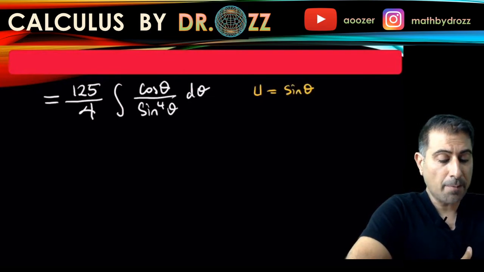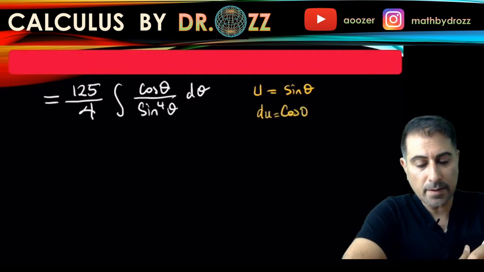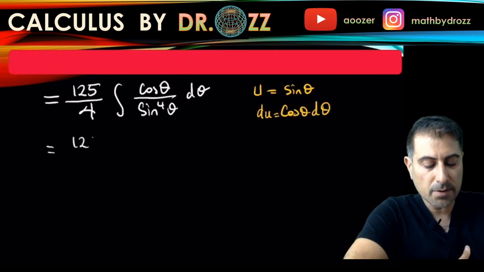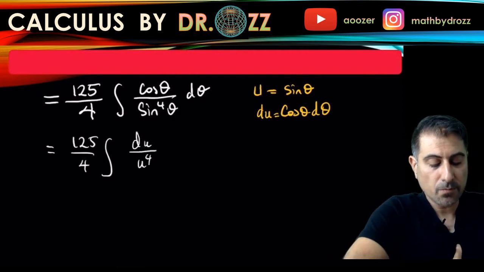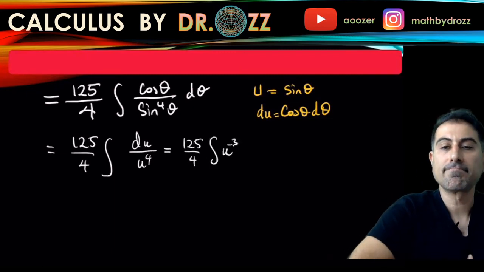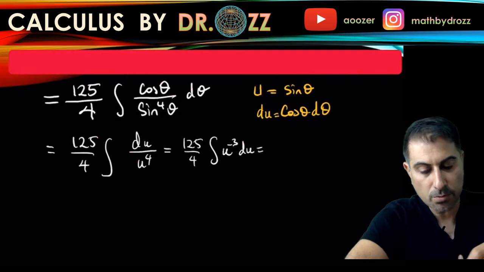That's what I have at the top. So this integral becomes du over u to the 4th. In other words, u to the minus 4 du.